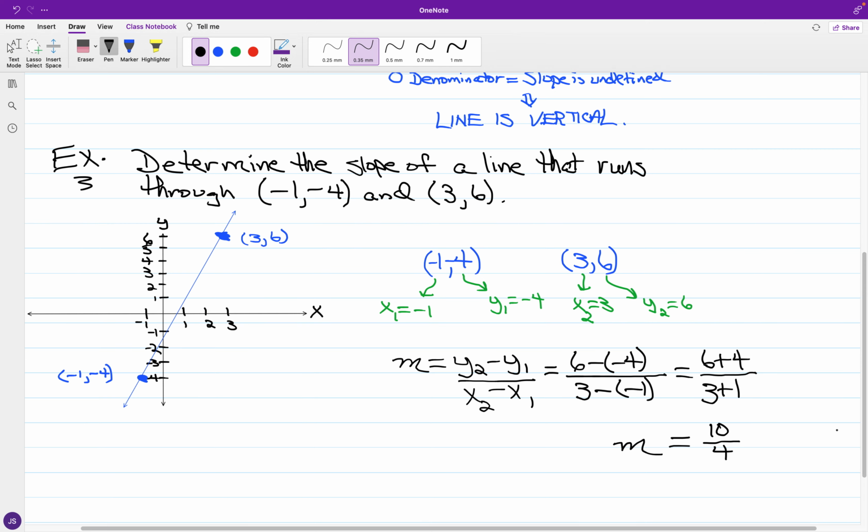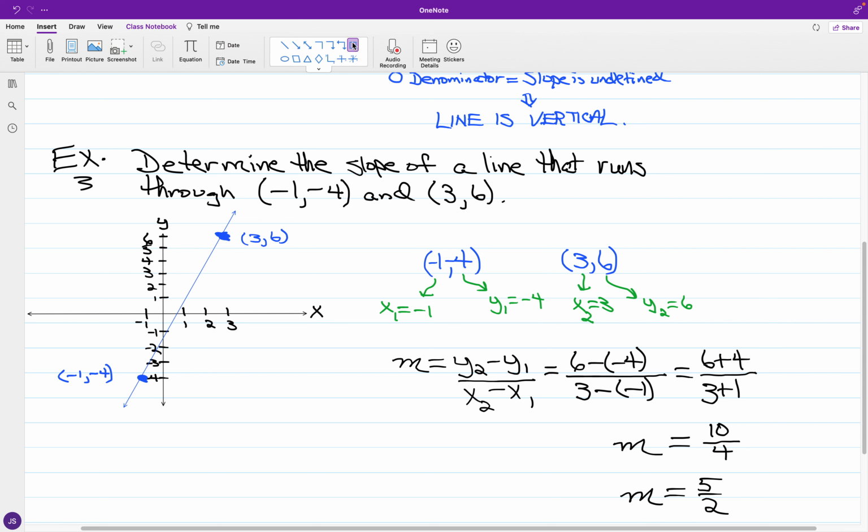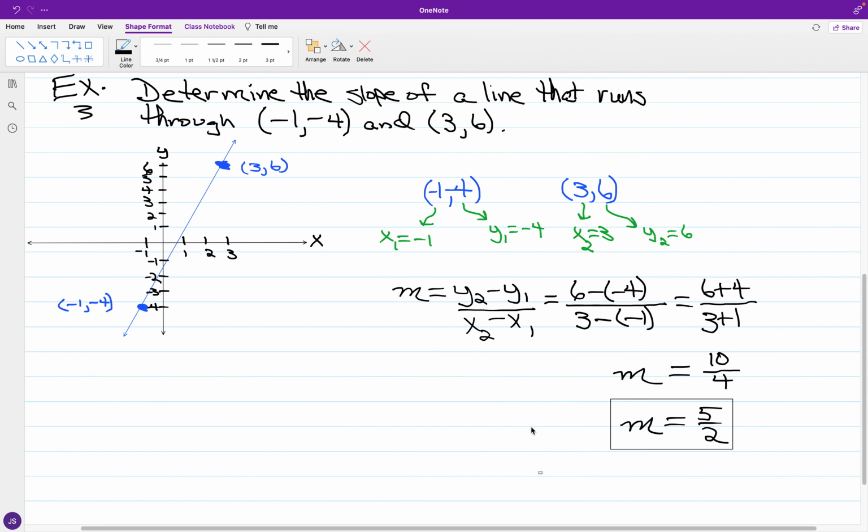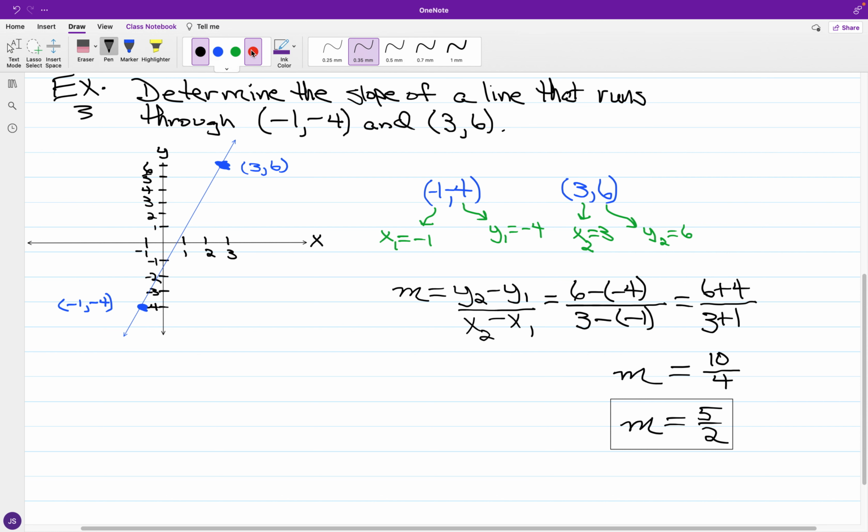And we have for the slope 10/4, and that fraction is reducible to 5/2. And just in the cyclical pattern, you've got a positive slope, so you can say that we have a cycle of moving up 5 units while shifting over to the right 2 units.